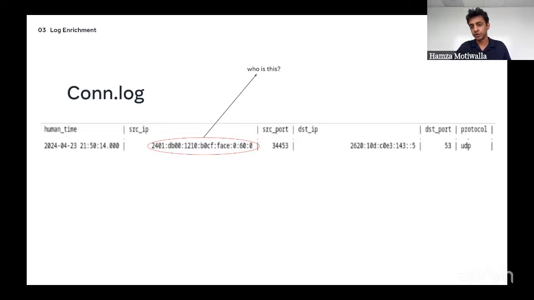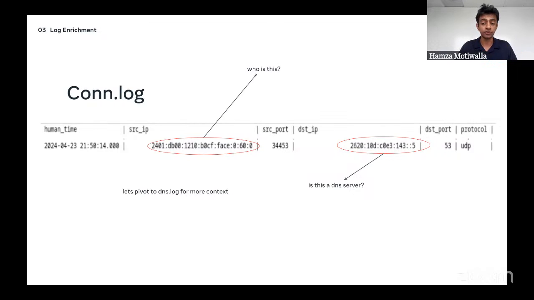And as you can see, we also have a destination port of 53, and the protocol is UDP, which means that this is DNS. Was the destination IP our DNS server? Was it an external DNS server? Tell us more about the DNS server itself. That's okay. We can now pivot into DNS logs to get more context, to figure out what is the domain that was requested, or the response, the answer that got back.